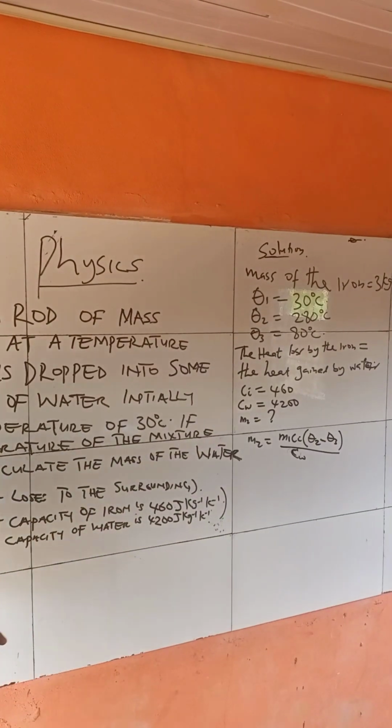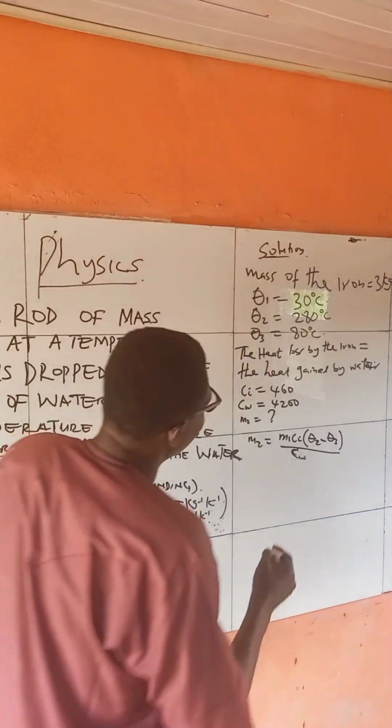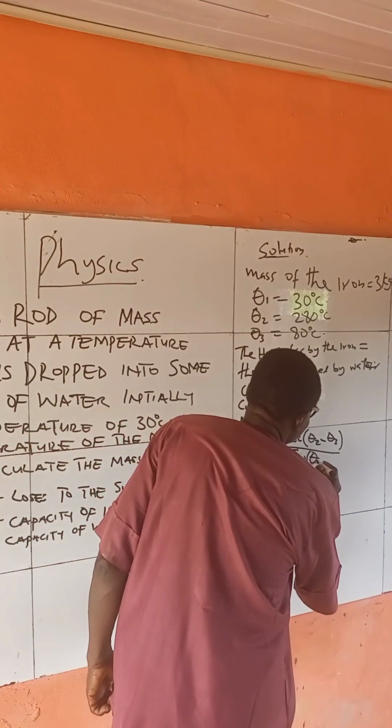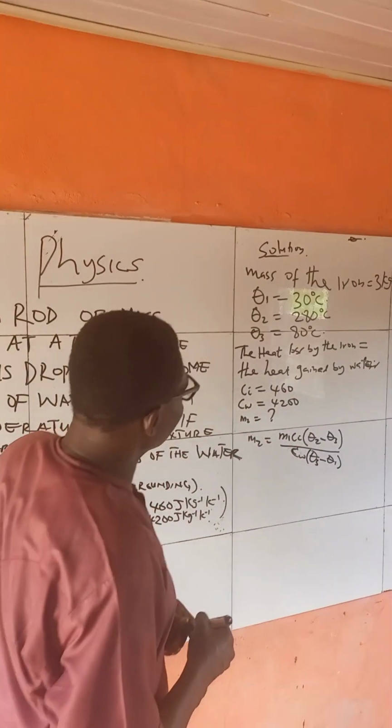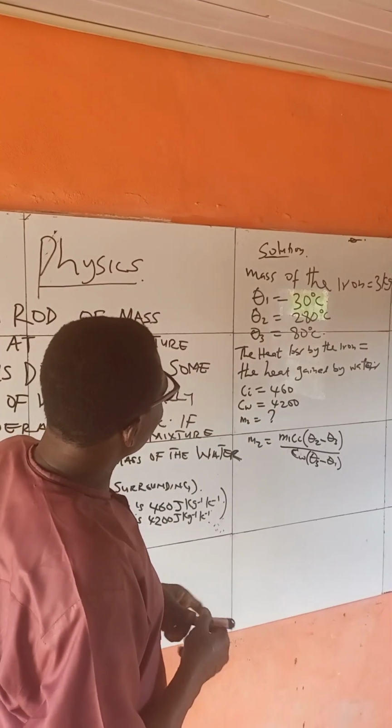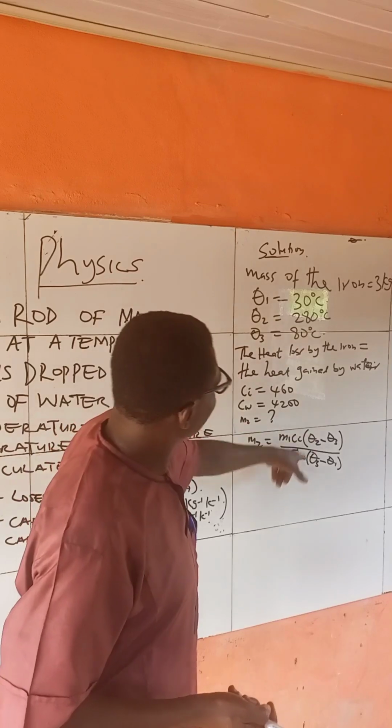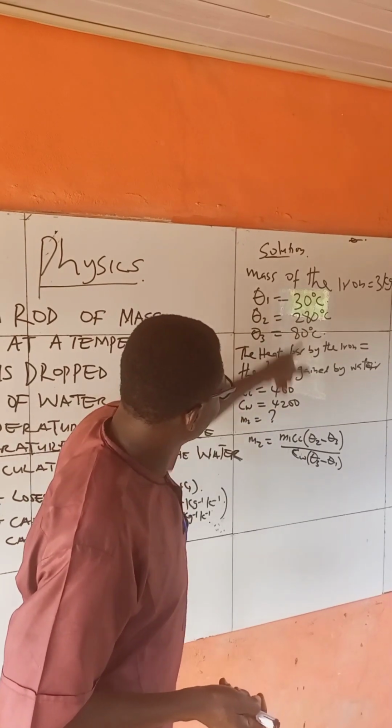Our Cw is the specific heat capacity of water, which is 4,200. Now we can substitute the values.